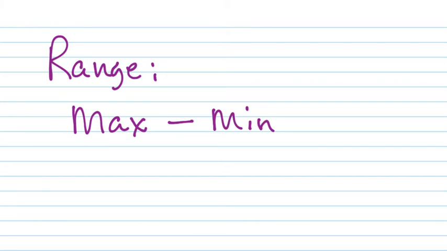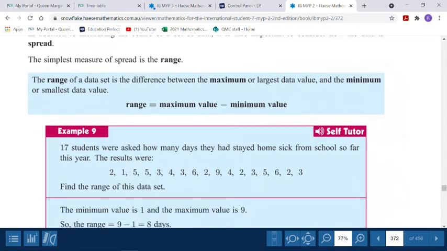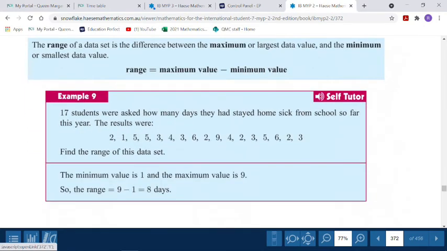So we're going to look at a few calculations using range. Very easy, and you don't even have to subtract because you've got your calculator with you. So let's just look at some of these problems. Here in the example, 17 students were asked how many days they stayed home sick from school so far this year, and they gave you the results. Find the range of this data set. Well, if you're working with any data set, it pays to be organized.